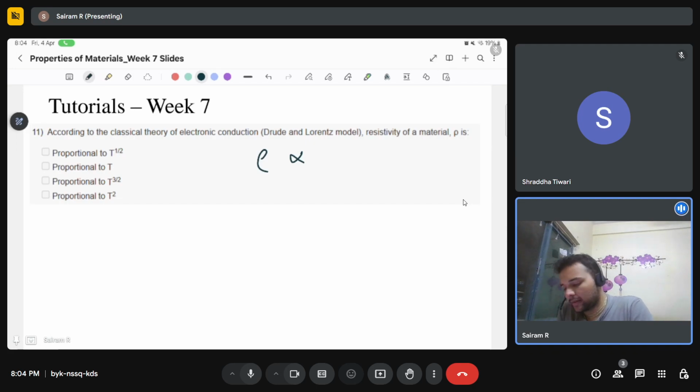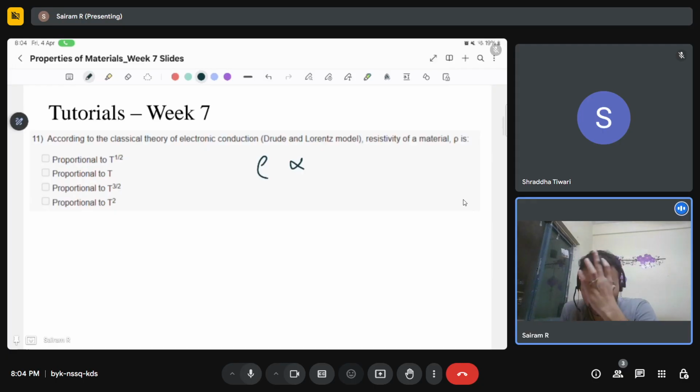While discussing the Drude's model of electrical conductivity, this was one of the problems that led people to think, is the Drude model the right model to understand electrical conductivity in metals, right? Because as per the Drude's model, the resistivity of material was proportional to T power half. And why is this coming?